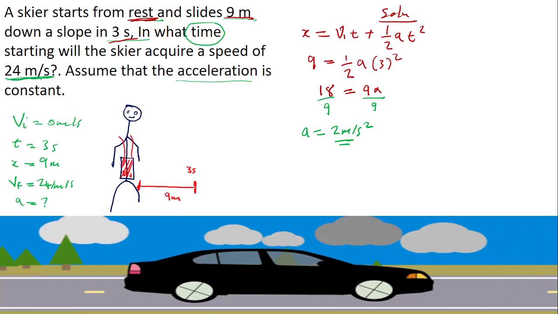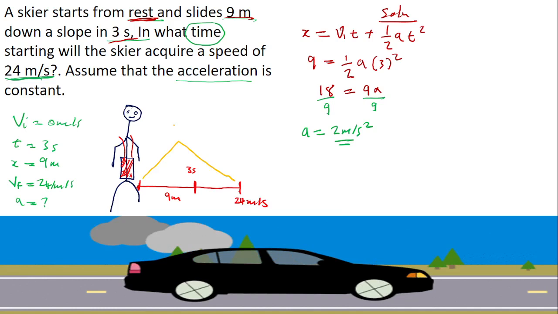So this guy has moved again from this point to that point to reach now a speed of 24 meters per second. One thing you need to understand is that from the beginning to the end, from this point to that particular point, this guy had the same acceleration.